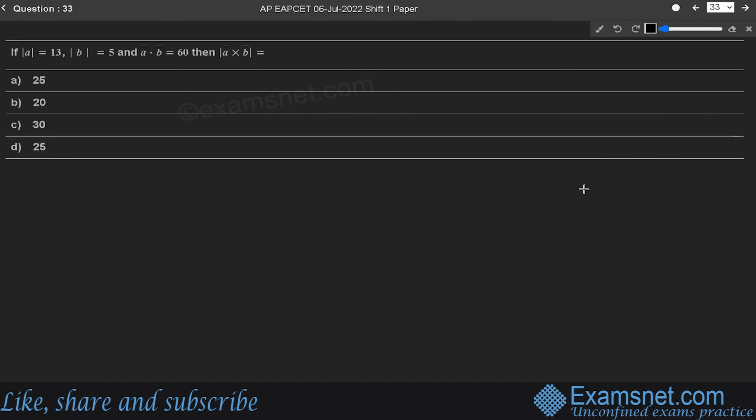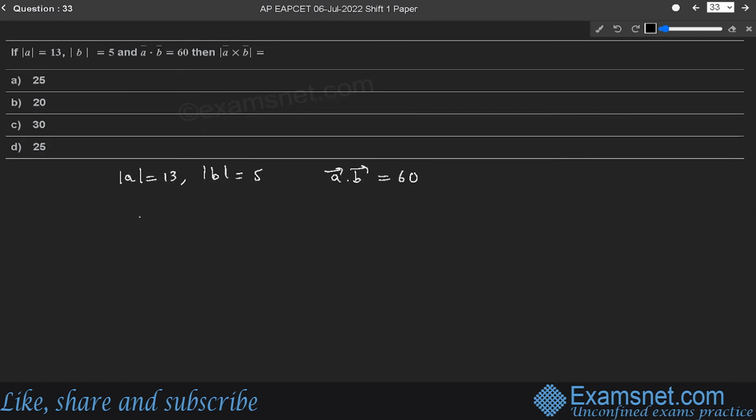Next question is, if modulus of A is equal to 13, modulus of B is equal to 5 and A vector dot B vector is equal to 60, then modulus of A vector cross B vector is equal to.